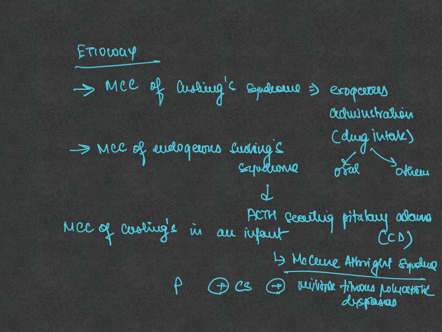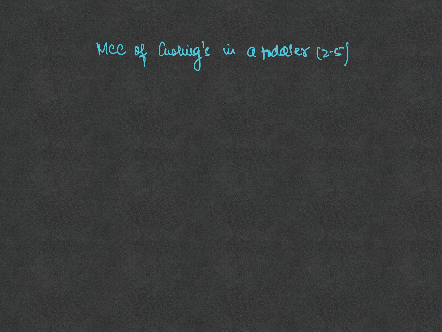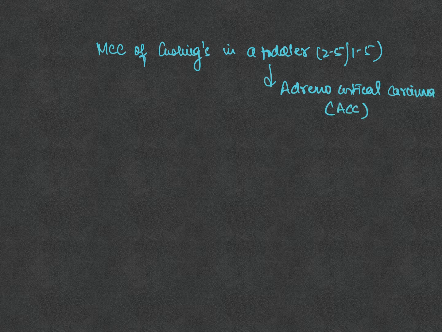Along with that, it has precocious puberty. And lastly, the most common cause of Cushing's in a toddler, that is 2 to 5 or 1 to 5 years of age, is going to be adrenocortical carcinoma or ACC.